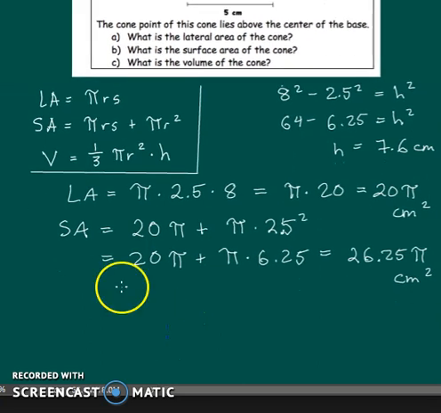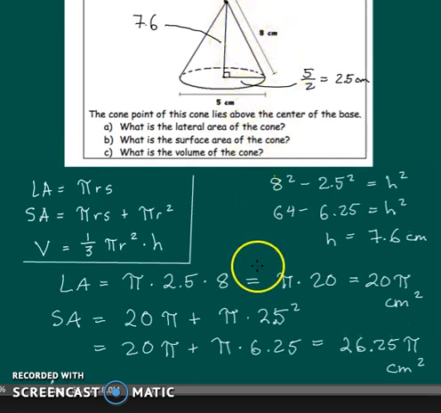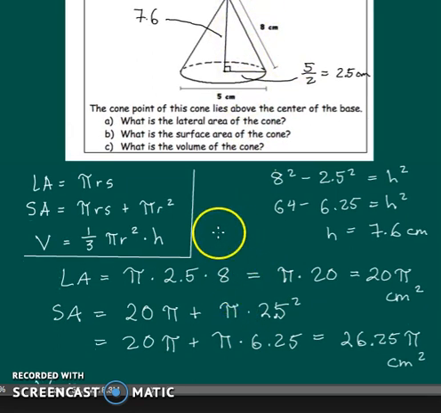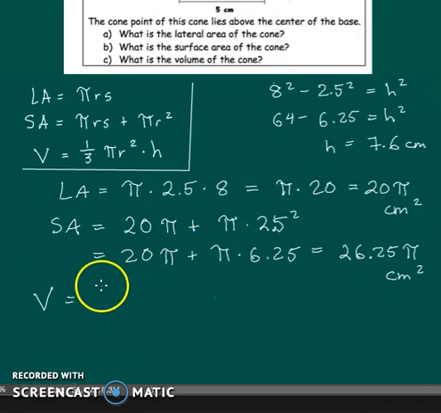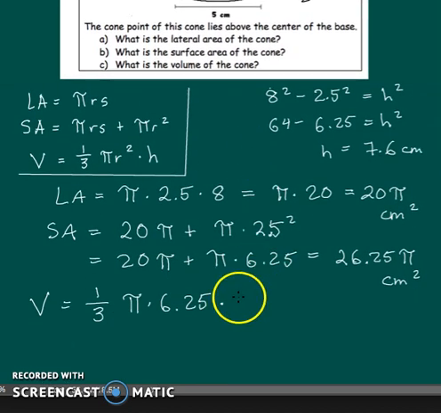Okay, so now we're on to our volume. For volume, we're not looking at the slant height, we're looking at the actual height. So the formula for volume is 1/3 of pi r squared, which is our base, times the height. So 1/3 of pi r squared, which is the area of the base, and we already figured that out for the surface area, so it was pi times 6.25, and I'm also going to multiply by the actual height, which is 7.6.